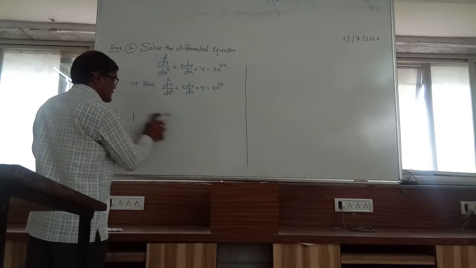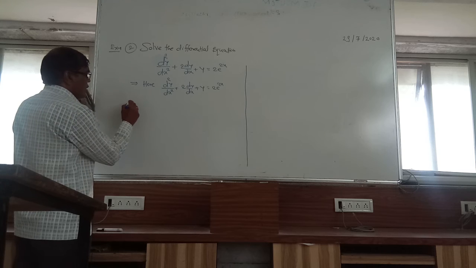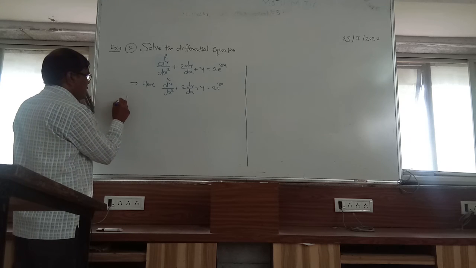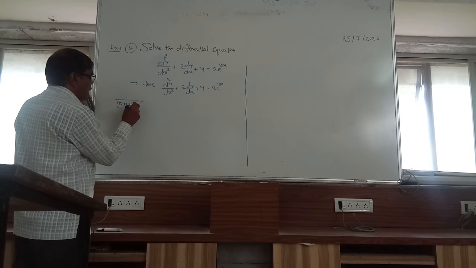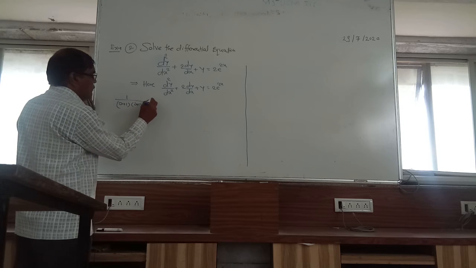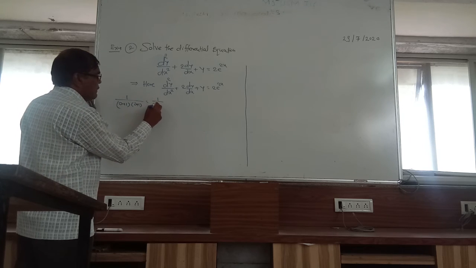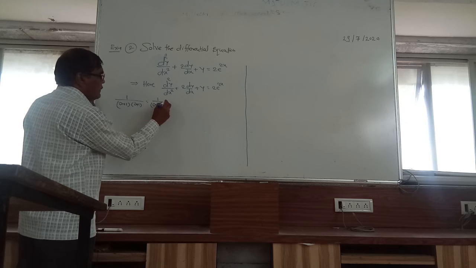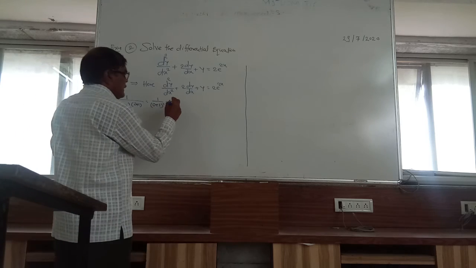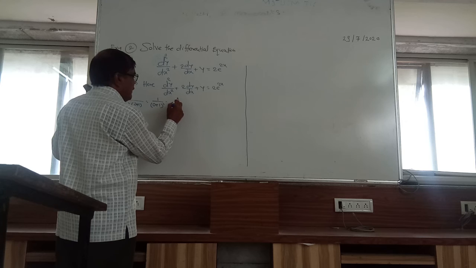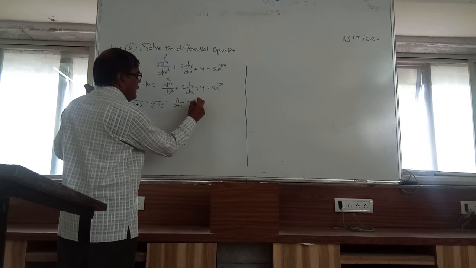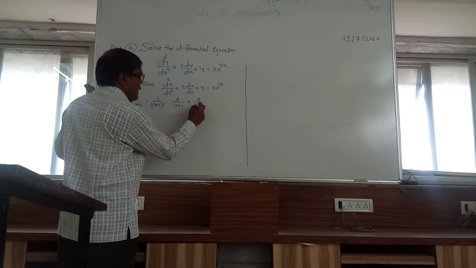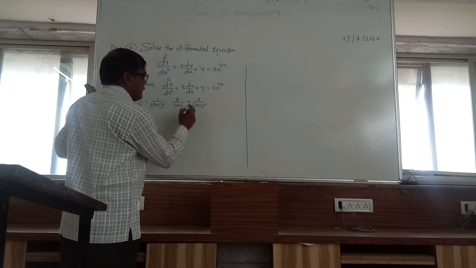So again we have 1 upon d plus 1 and 1 upon d plus 1, that equals 1 upon d plus 1 bracket square. The factors are repeated, so we take the factors like this: a upon d plus 1 and b upon d plus 1 bracket square.